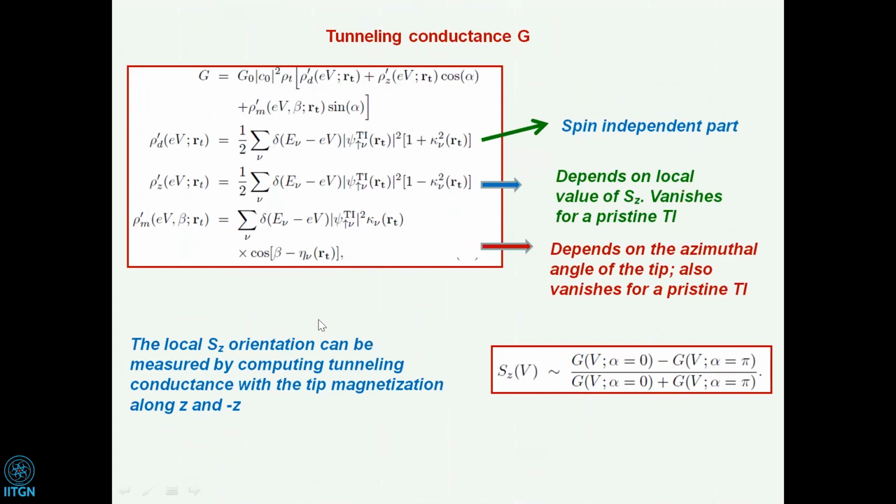Now, I don't want to get into the details of this derivation. However, this can be done pretty easily. But the point is that these topological insulators give you a novel way of determining the direction of magnetization of the electrons in the surface because of this azimuthal angle dependence.